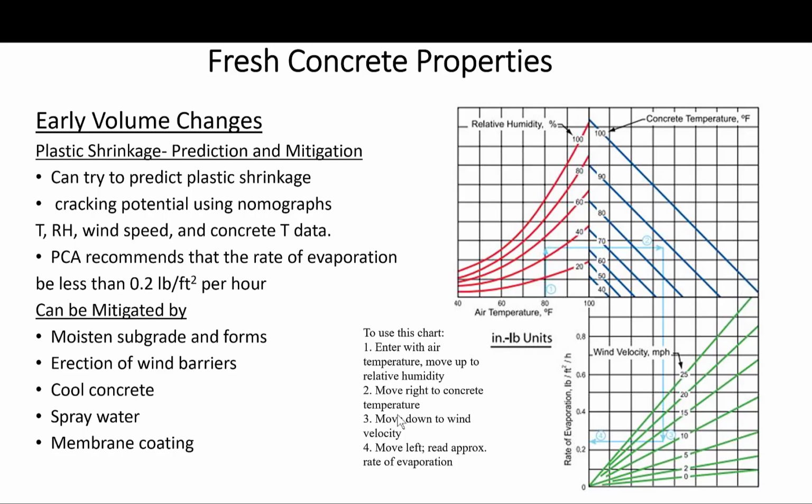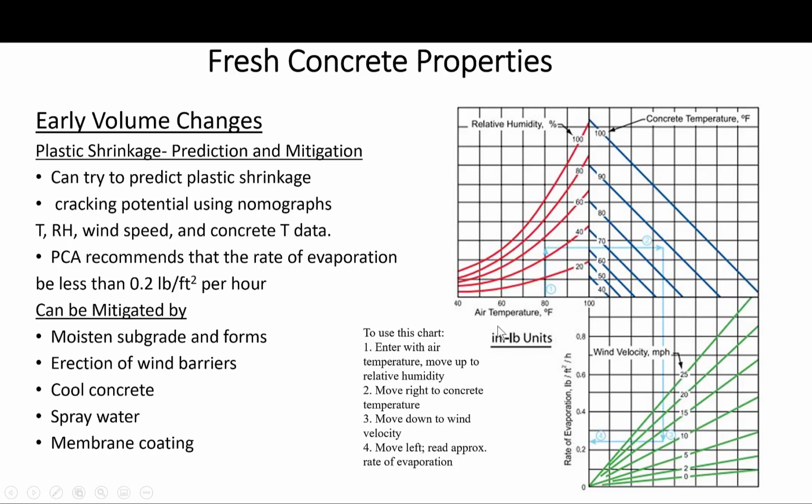Okay, so the PCA prepared this tool, this nomograph, which really can help us predict the plastic shrinkage potential in any particular job, so that we can take the necessary measures.